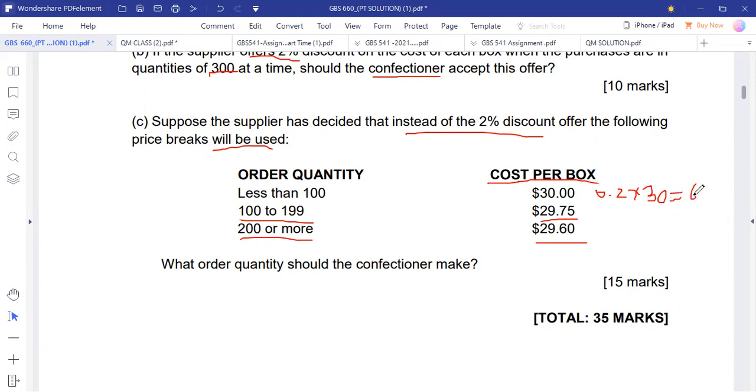Which will give us $6. This other one will be 0.2 multiplied by 29.75, which is our carrying cost for the second one.